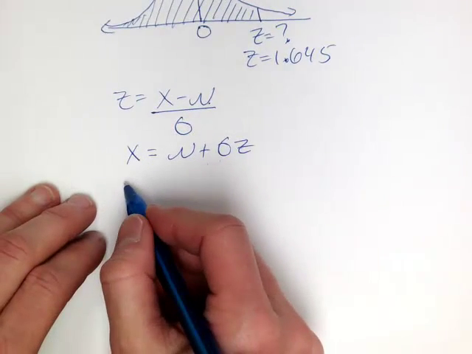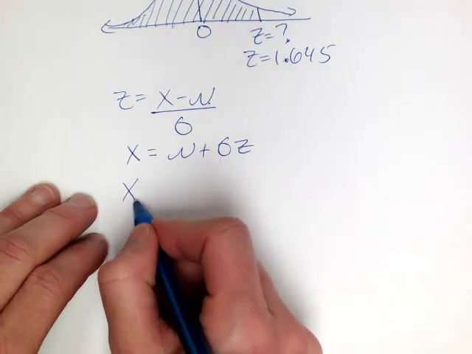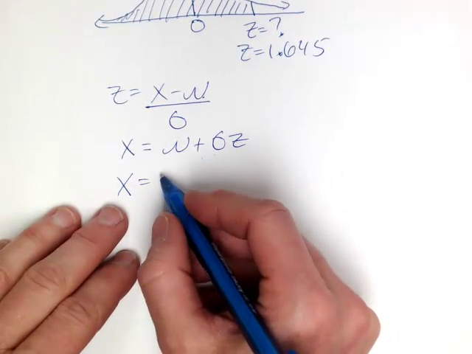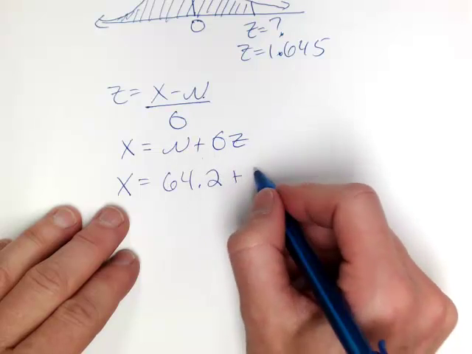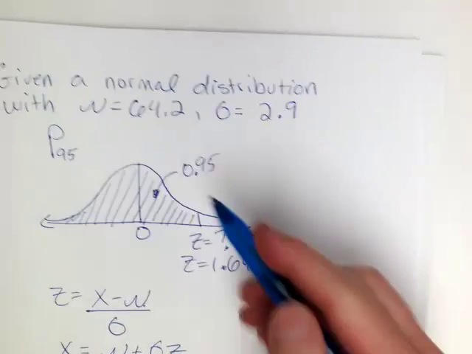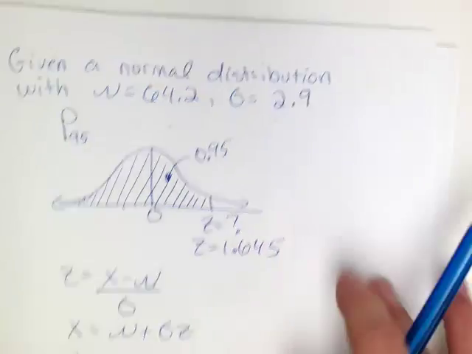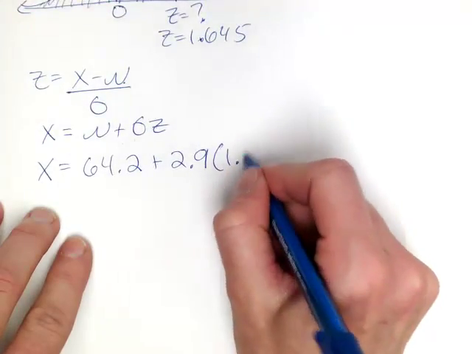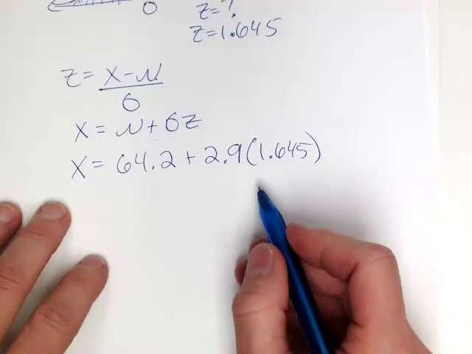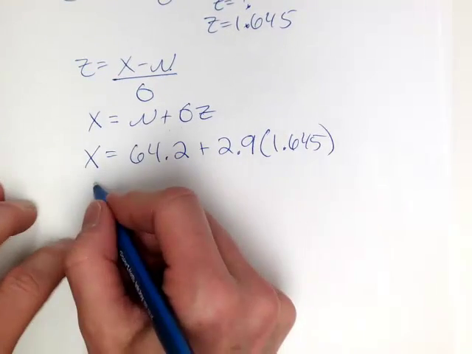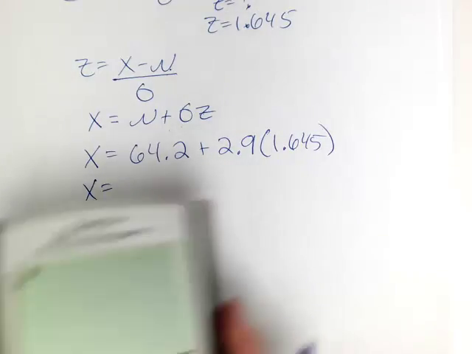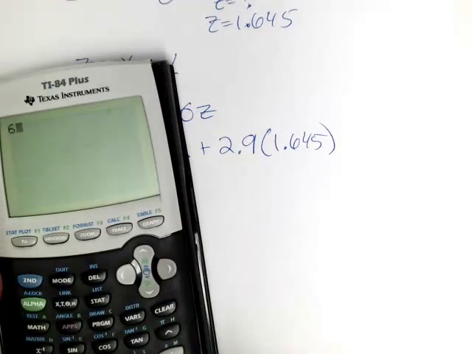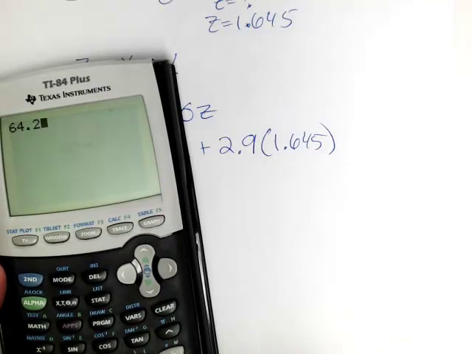So to unstandardize, to get that x value, I'm going to put in mu of 64.2 and then plus sigma, which was given to be 2.9 from the problem, and then times this z-score of 1.645. So doing that calculation, 64.2 plus 2.9 times 1.645.